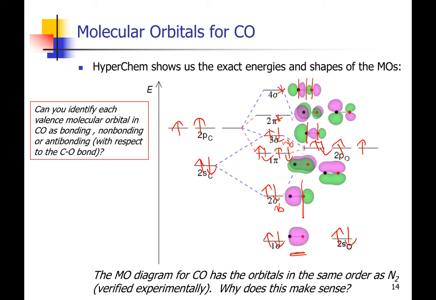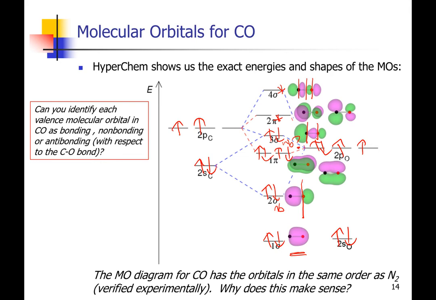If you look at the shape of that MO, there is electron density right in that middle internuclear region, but that's not a big lobe. The big lobe is on the outside. And so at this point, we really can't make a call just looking at the pictures.